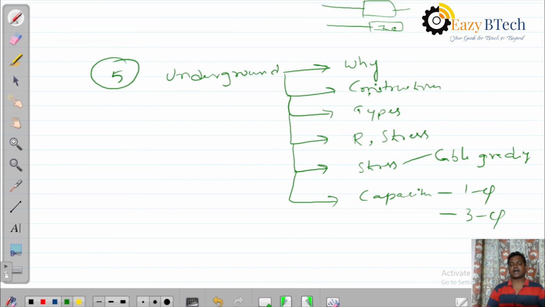How to calculate capacitance of underground cables, we learn from this subject. Okay, thank you.